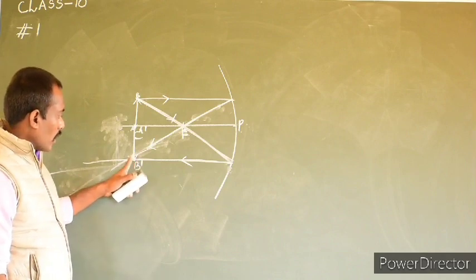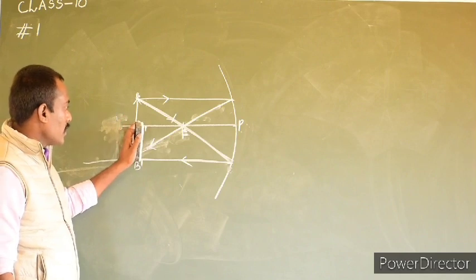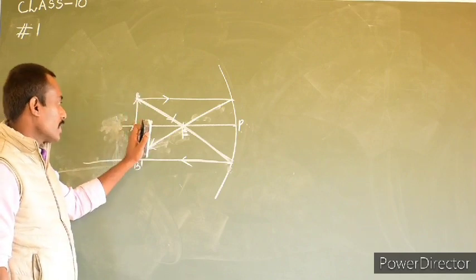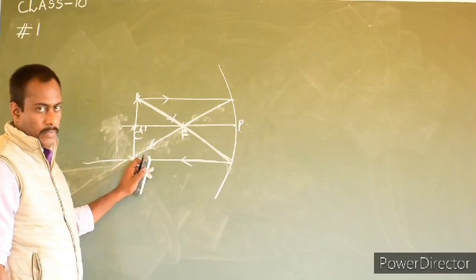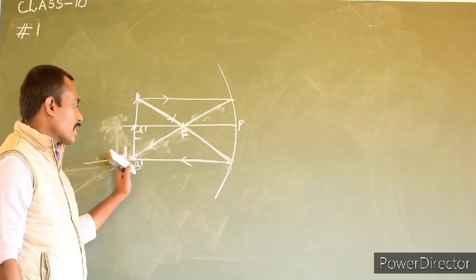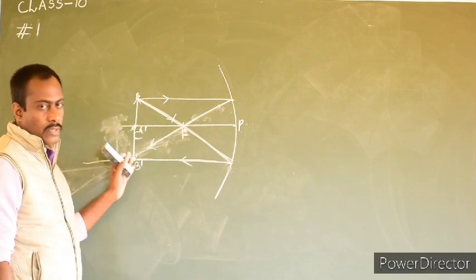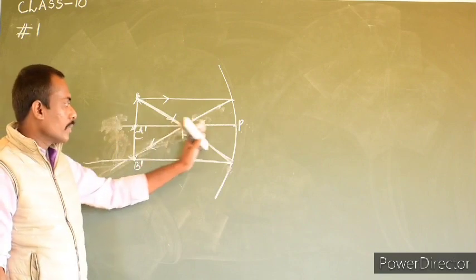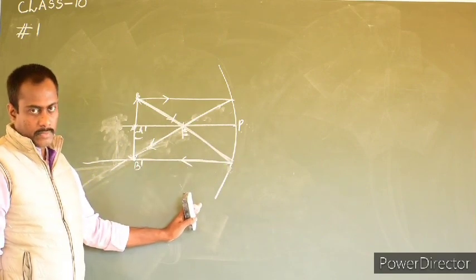Now from this figure we can see that when the object is kept at C, then the image is also formed at the same point, and the image is formed on the same side of the mirror and it is inverted. So the image formed by a concave mirror is a real image.